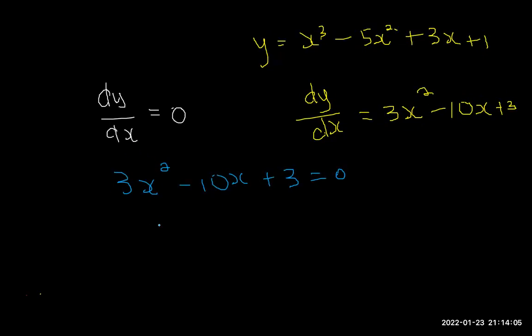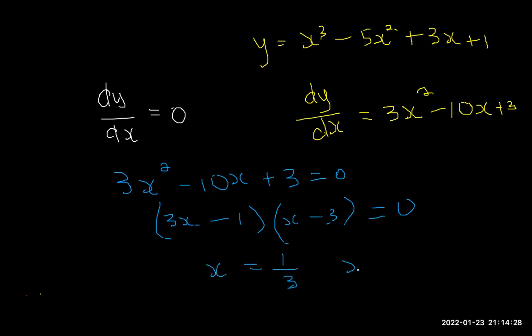If I factor this, this will give me 3x minus 1 and x minus 3. Therefore, my values of x would be x is equal to a third and x is equal to 3.